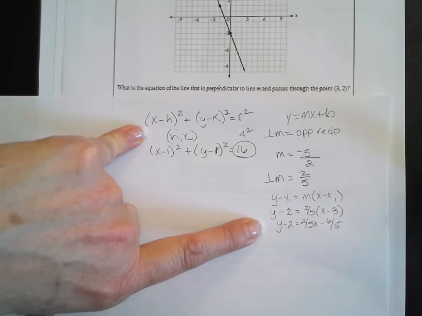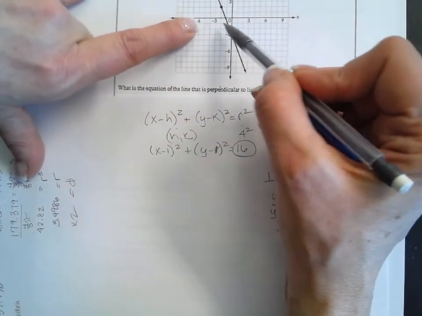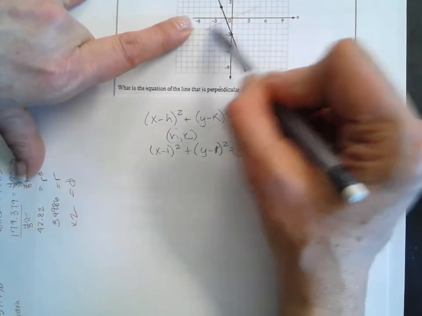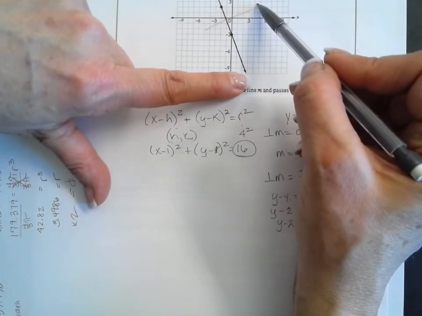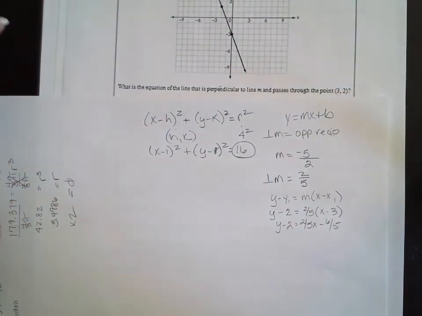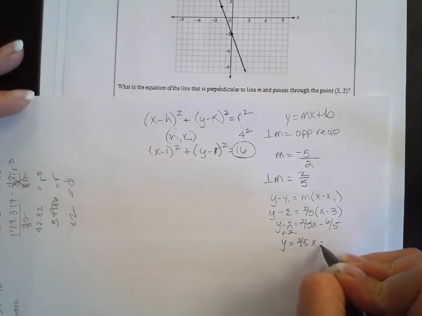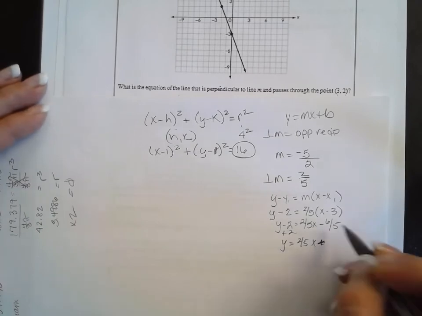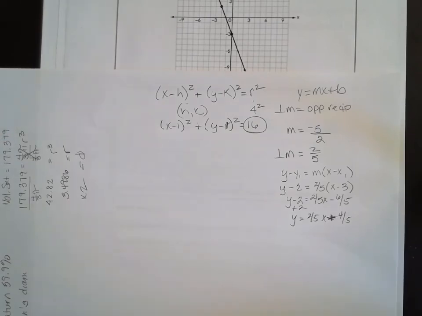But it was -5 over 2, and you flipped it. Yes, because it's opposite sign. Opposite reciprocal. Change your sign. Because think about it, if I'm perpendicular, that means I have to have a line looking something like that, right? If this slope is negative, to have it going the other way, the slope has to be positive. Okay? All right, so when I add my 2 to both sides, I get plus 4/5.